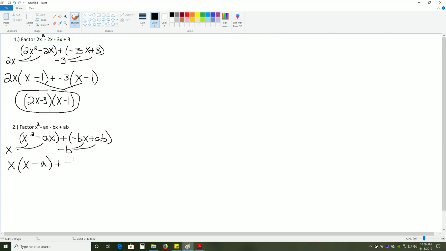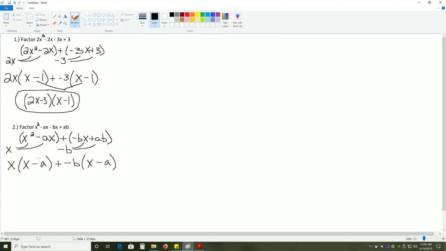So we get plus negative b times negative bx divided by negative b is just positive x. And then ab divided by negative b is just negative a.